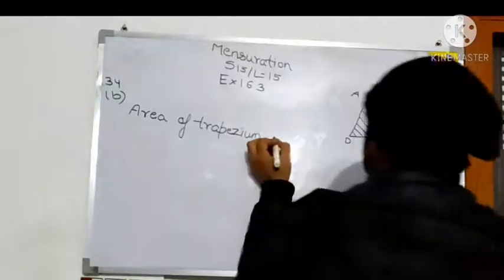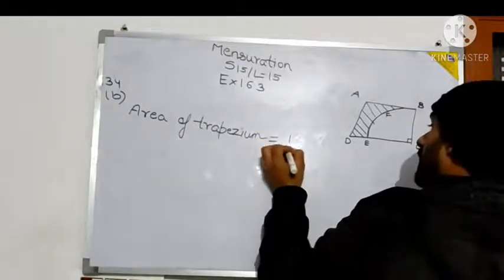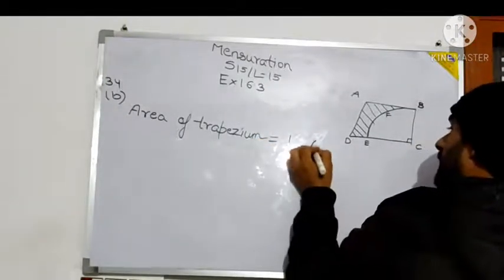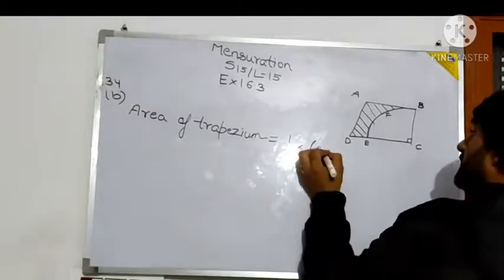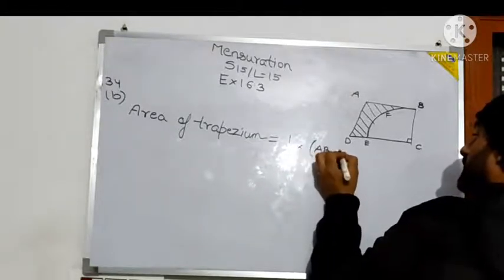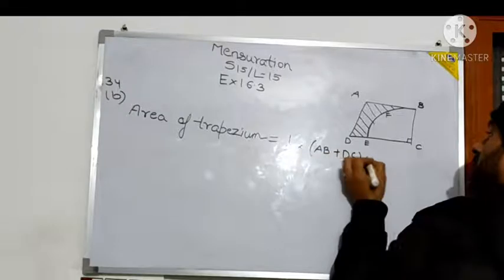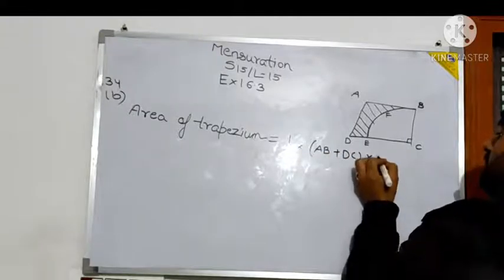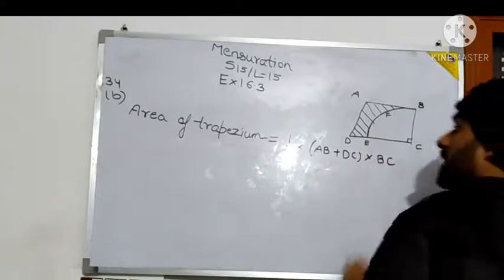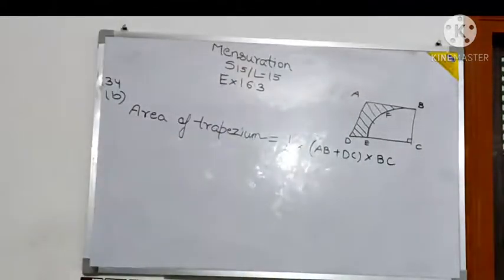Area of trapezium will be equal to half into the sum of parallel sides. What are the parallel sides here? AB and DC. So the lengths of the parallel sides into height. What is the height? Height will be BC, because that is perpendicular. I hope you will recollect this formula from class 8th.